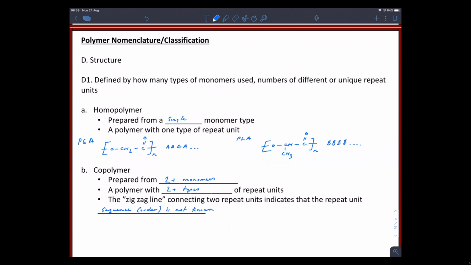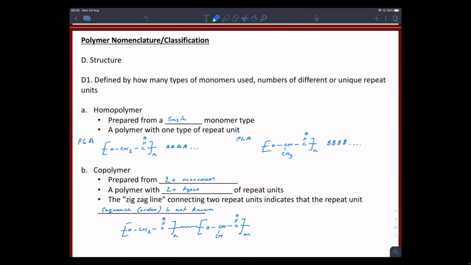So we might draw it something like this. We can take our PGA. I should have warned you this lecture has got a lot of writing in it. Notice I used an N and an M there, just to show that it's different units.